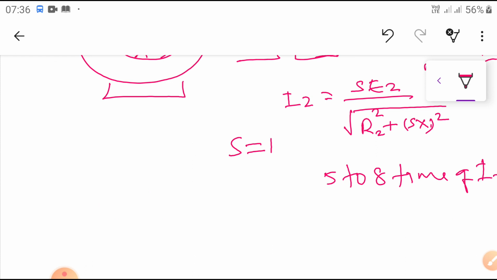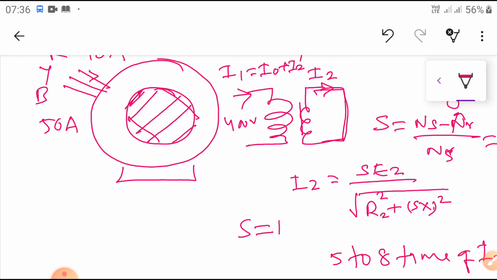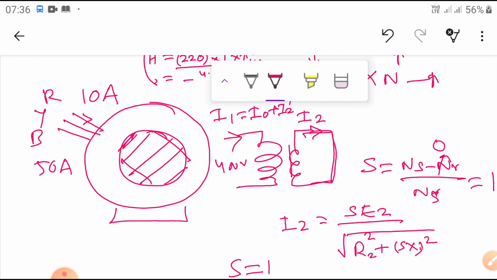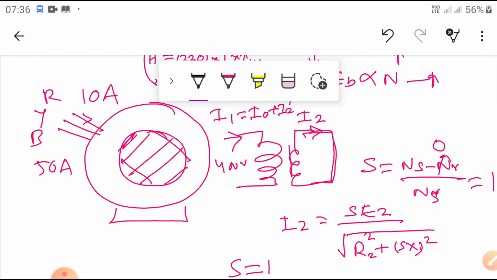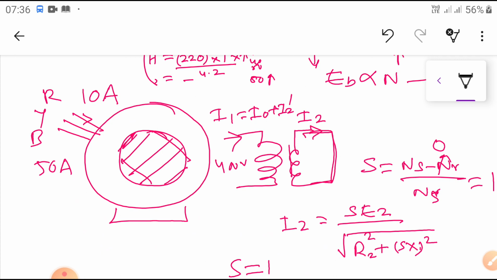Then how are we going to control the starting current? We can control the starting current from two sides. From the stator side, we can connect the starter before the stator. So what are the types of starters?